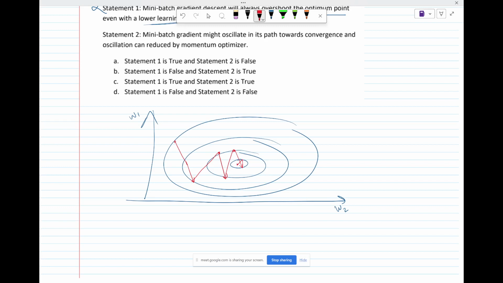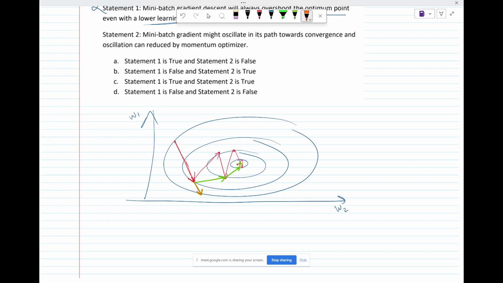And in momentum, what will happen is, when you are going, the gradient is in this direction, but you have momentum in this direction. So at this point, when you took this step, you have momentum in this direction, so you add this plus this and you take a step here, then you take a step here, and then you reach here.